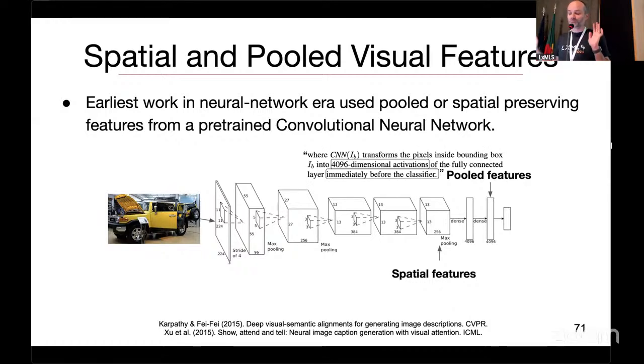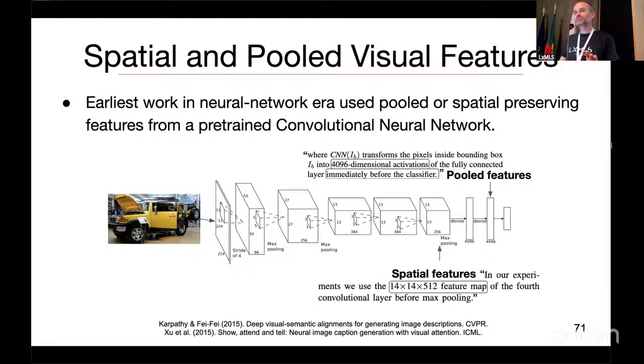If you ever read a paper from something like 2015, you would see people talking about pooled features as being 4,096 dimensional activations of the fully connected layer immediately before the classifier into the 1,000-way ImageNet categorization task.